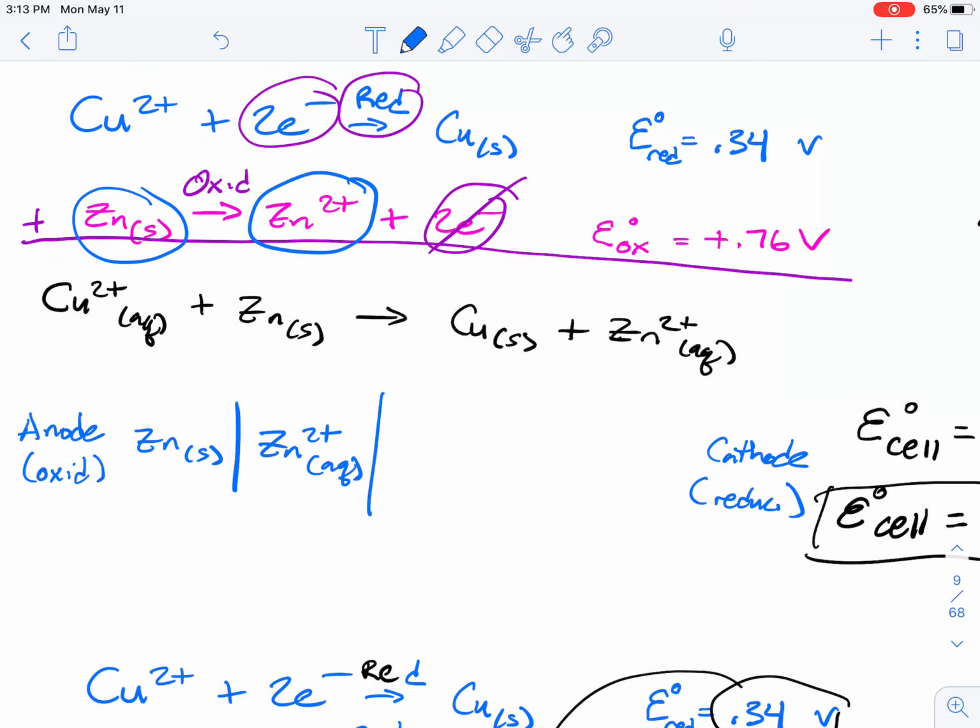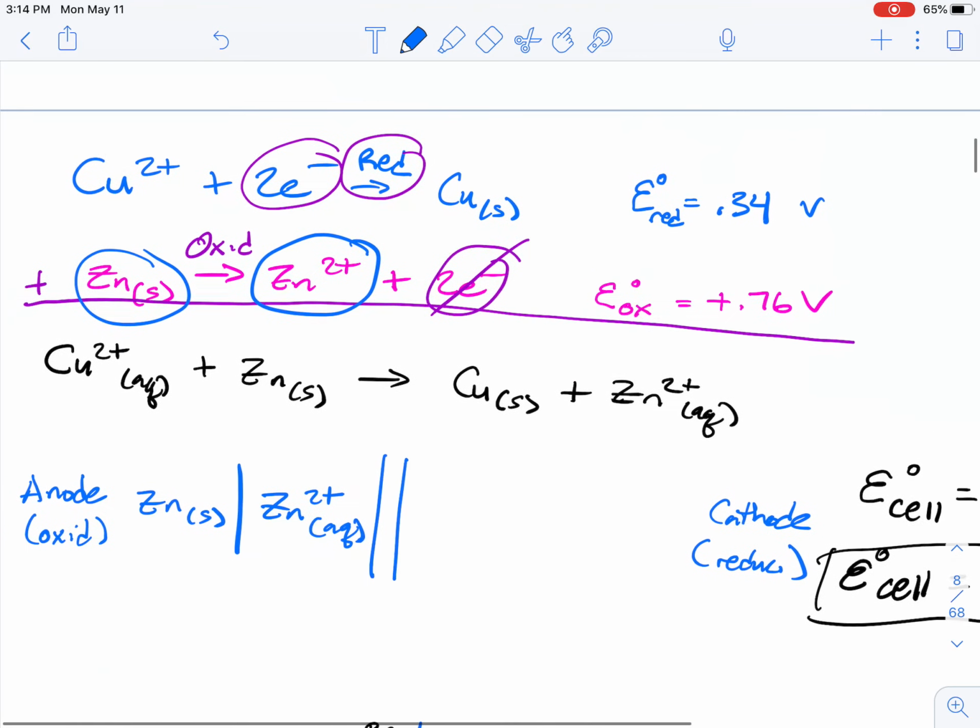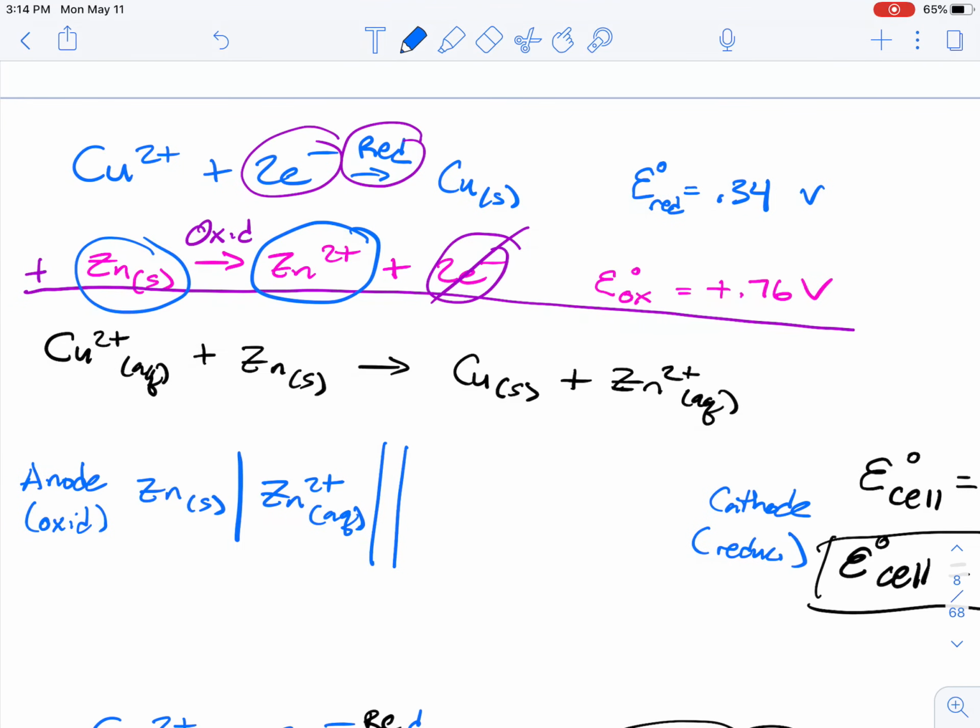And so we're going to draw two parallel lines to represent your salt bridge. And then to the right of the salt bridge, we're going to describe the chemical species from left to right as we see it.